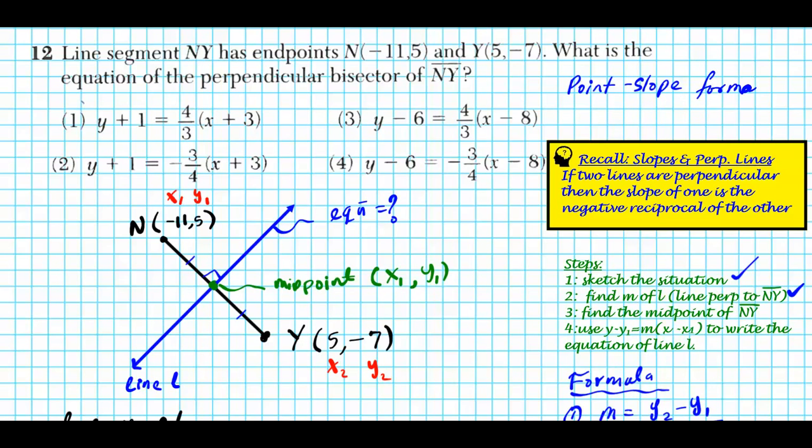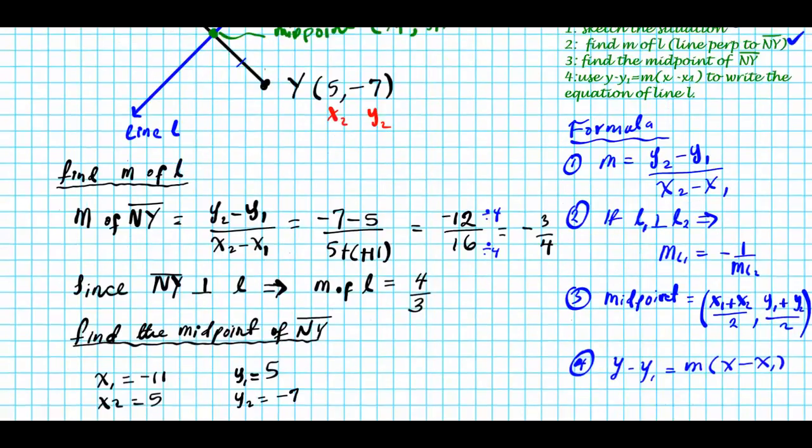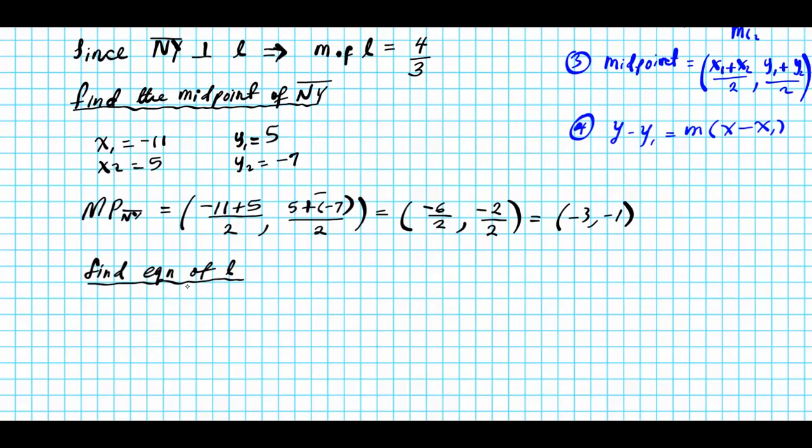All right, so let's go ahead and just write down what we already have, the formula. We know we have a point on L. On L is what? Negative 3, negative 1, because that point is on both the segment and the line. Okay, and then the slope of L is, we already found that before, 4/3. So how do we finish the problem off?